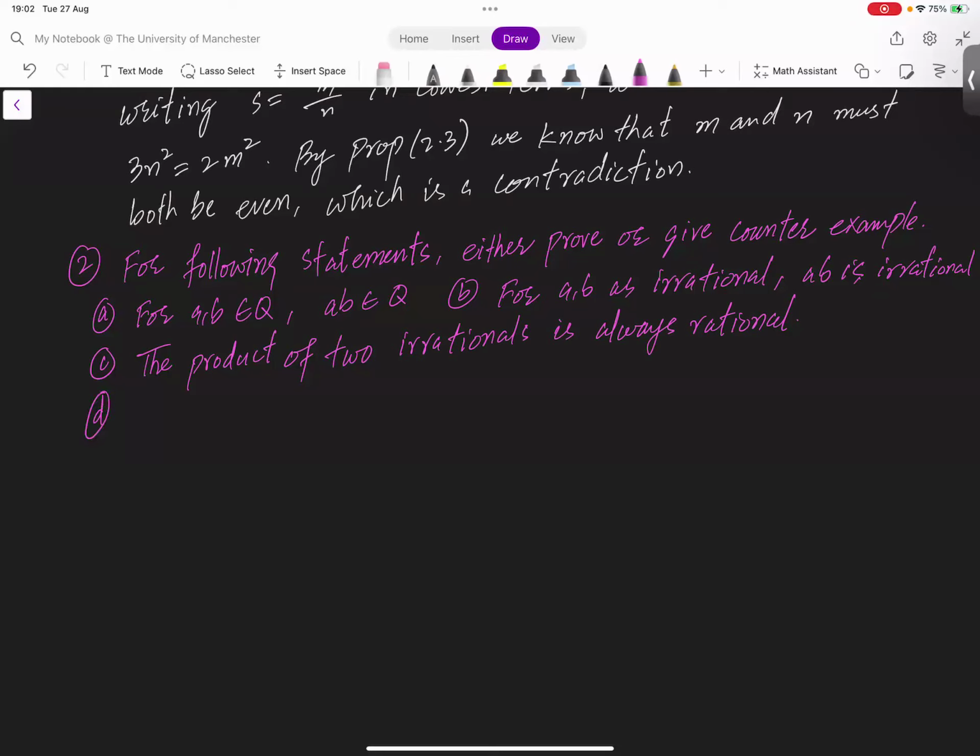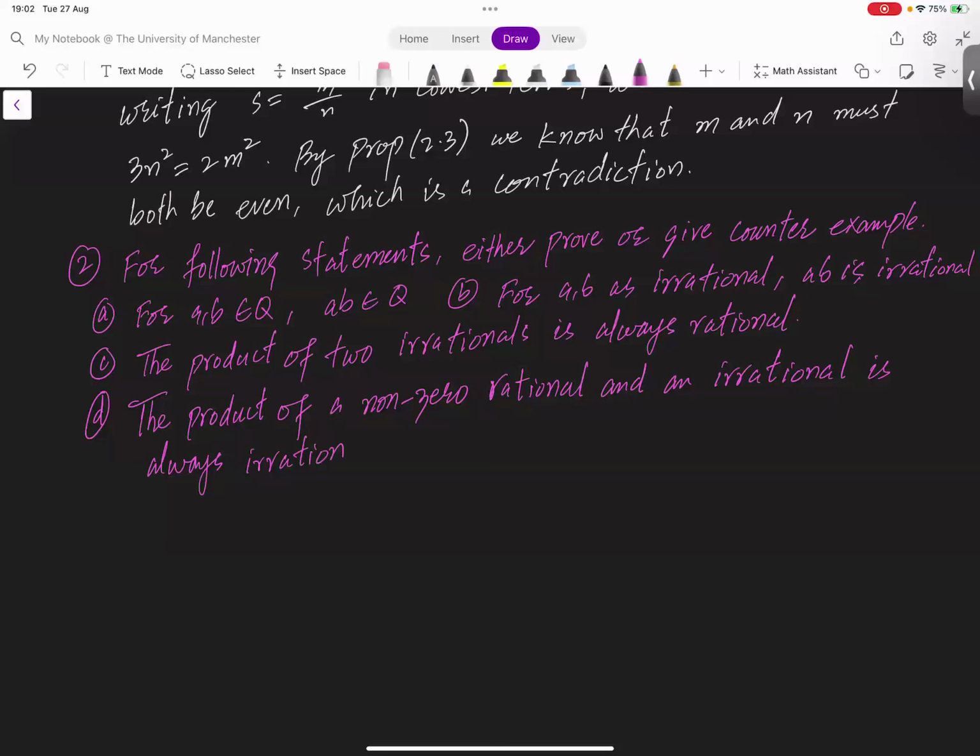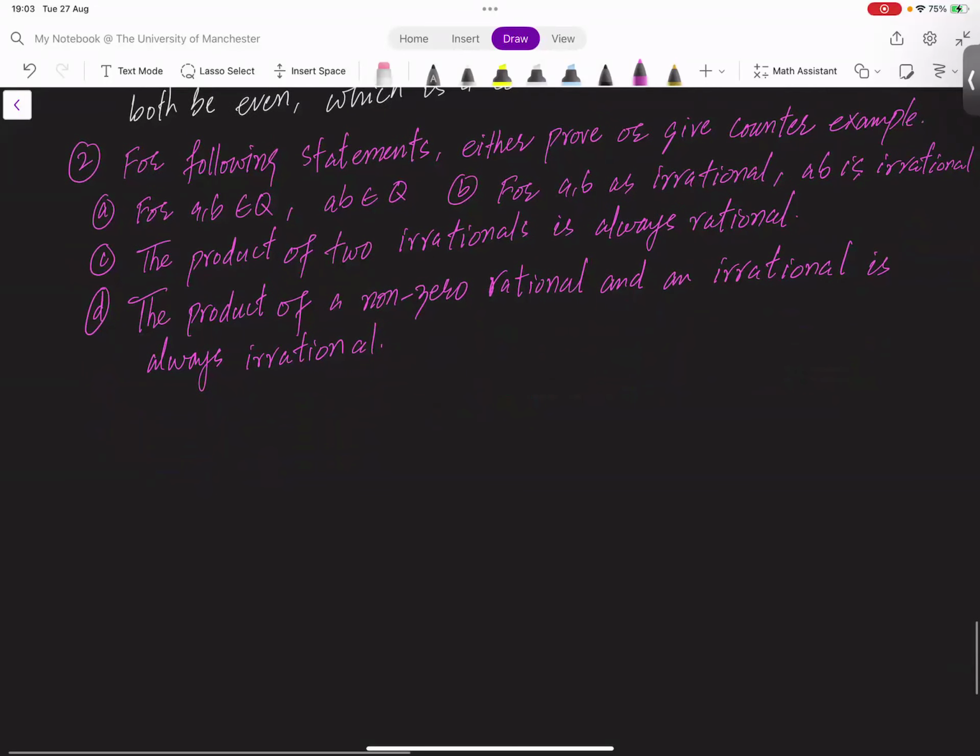And D is the product of a non-zero rational and an irrational is always irrational. Now, solve this.